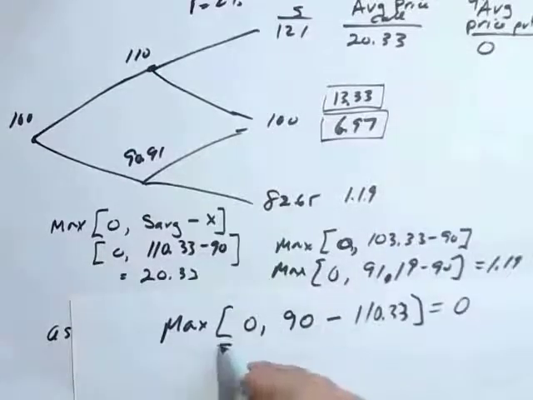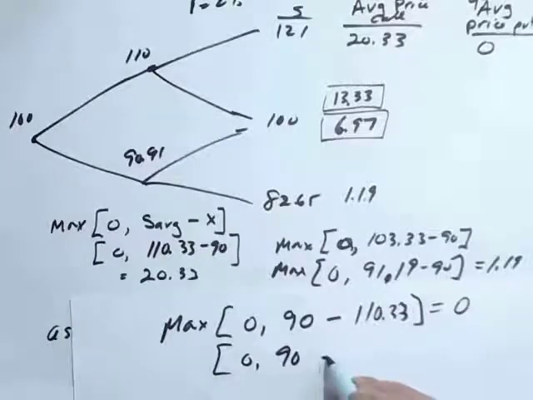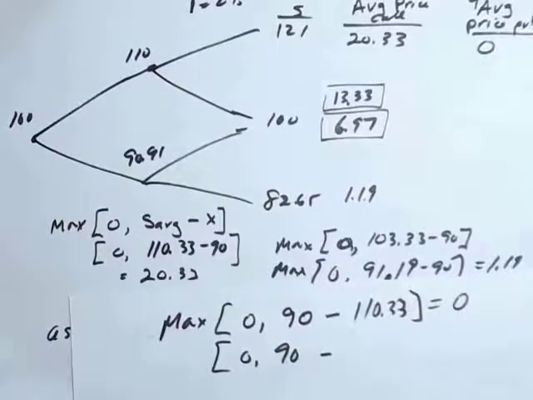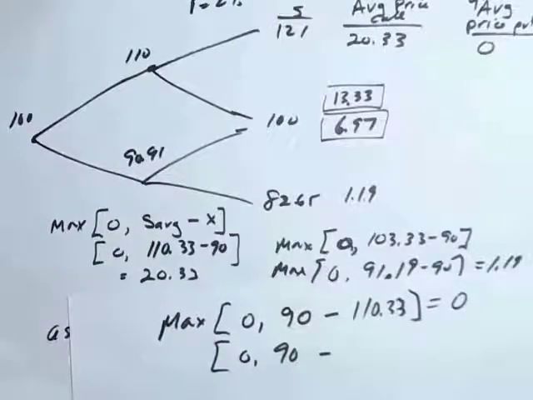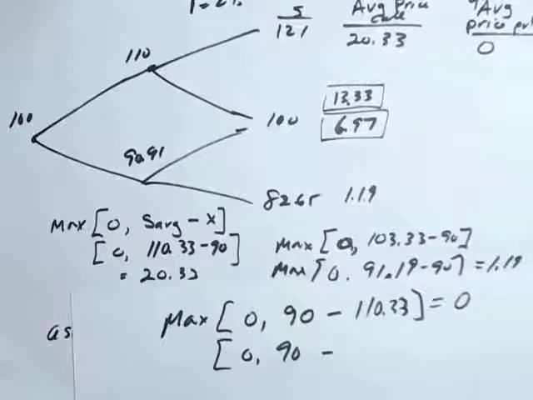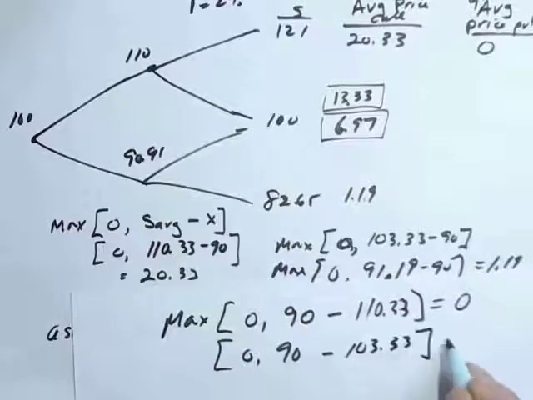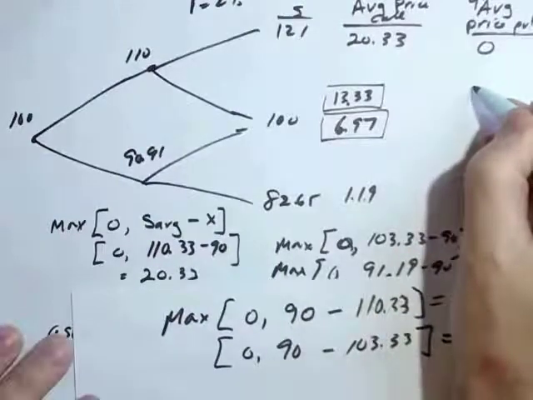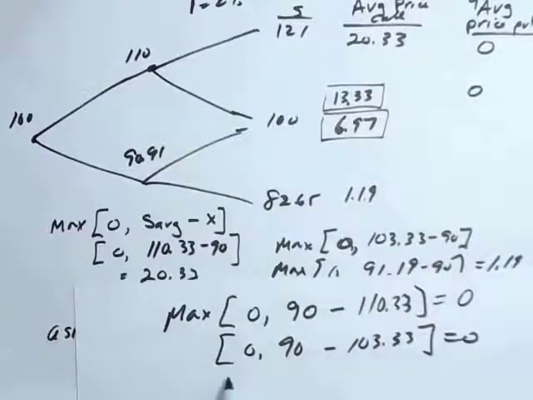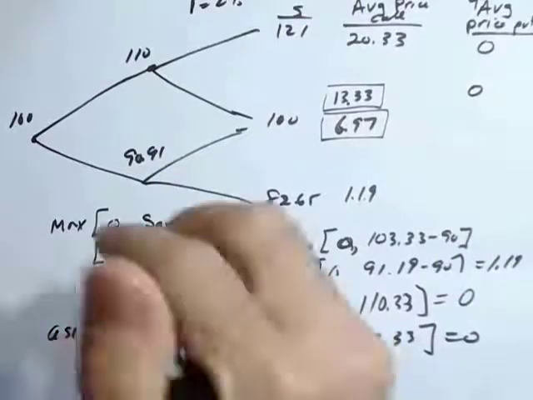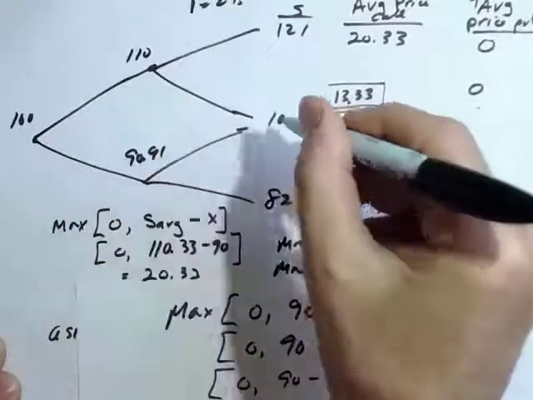We'll do it again for the next node. 90 minus the average of 100 plus 110 plus 100 divided by 3 is 103. And so that payoff is 0, because that's negative. Look at the next node, 90 minus, okay, let's average 100, 90.91 and 100.